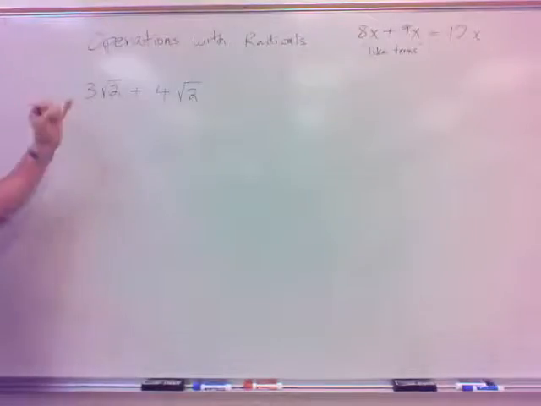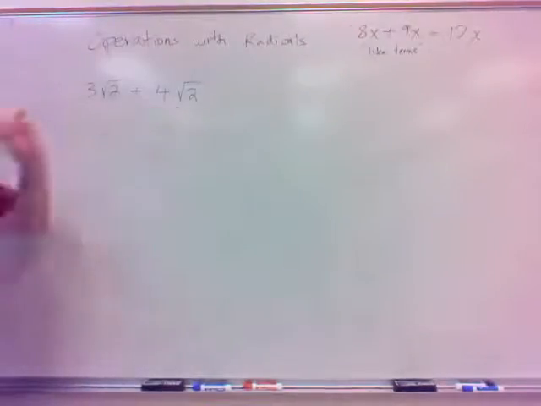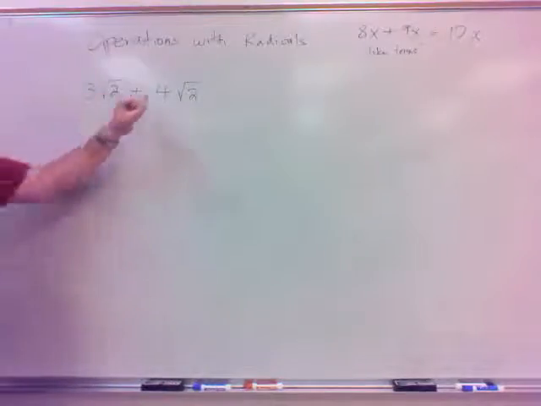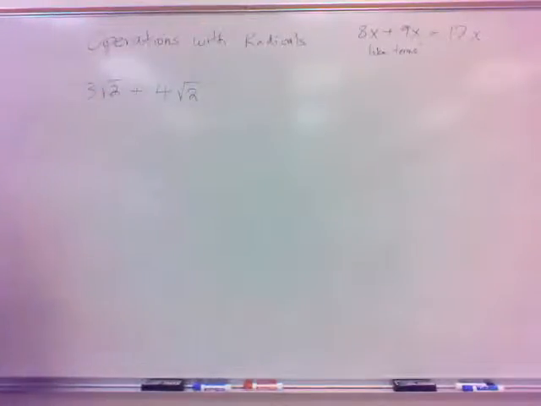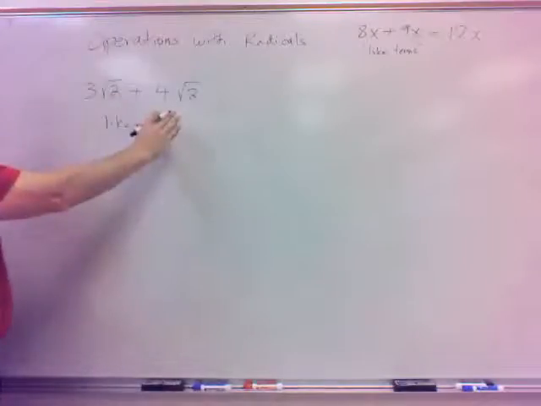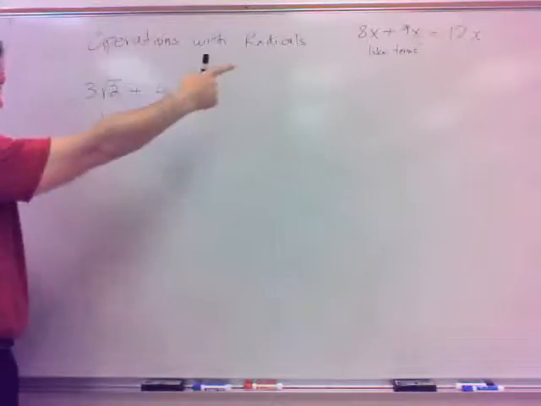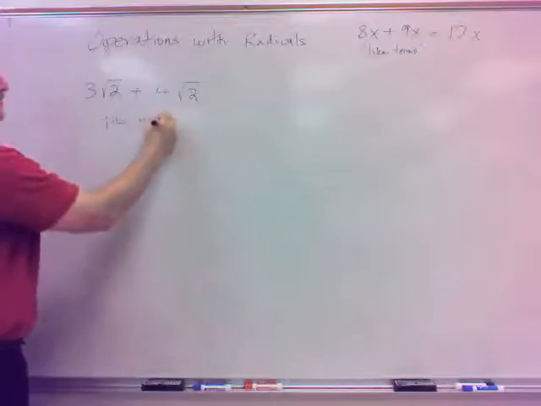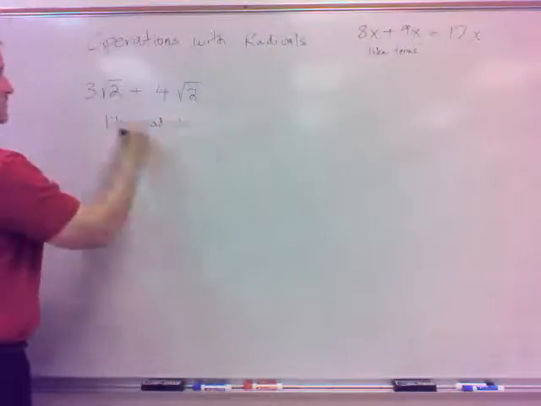Notice here, what I've got is radicals, and wouldn't you say these are like radicals? When you're adding radical terms, just like when you're adding terms with variables, you want to look for like ones, like radicals.